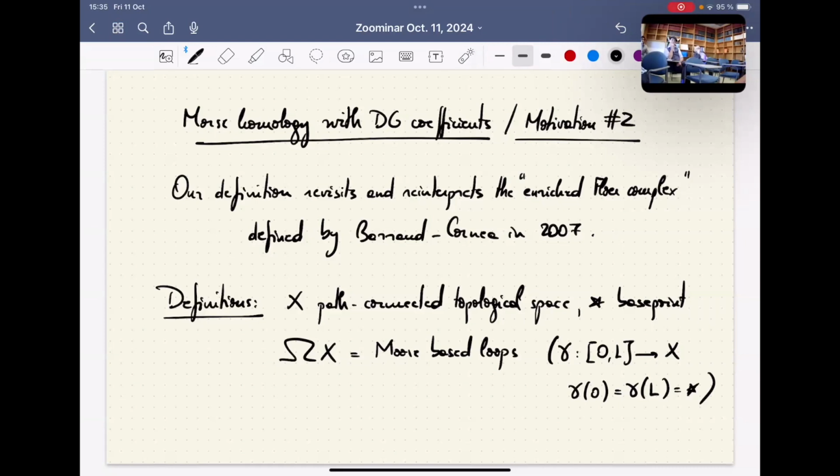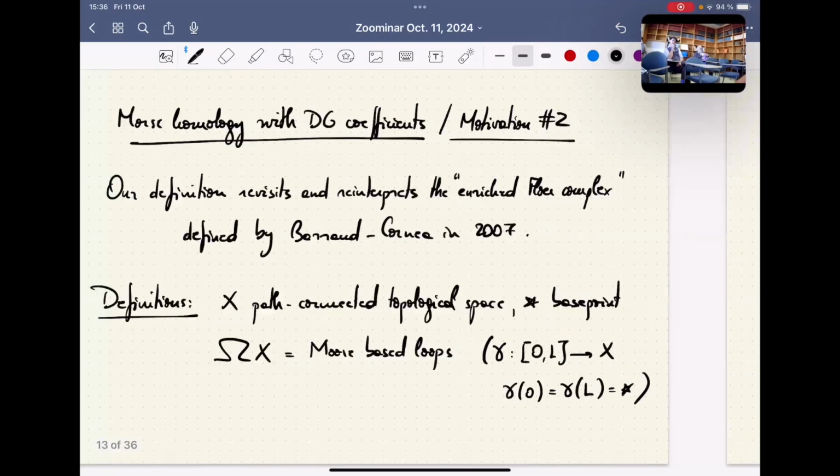And the setup is the following. Let's start with a path-connected topological space with a base point. I consider Moore based loops. These are going to play a key role in everything I'm going to say. These are loops that start and end at the base point, which are parameterized not by [0,1], but rather by an interval of arbitrary length.